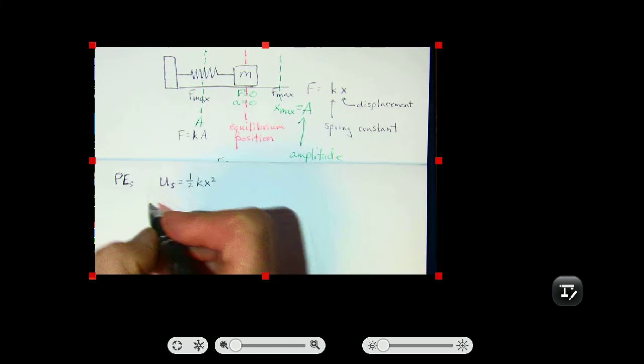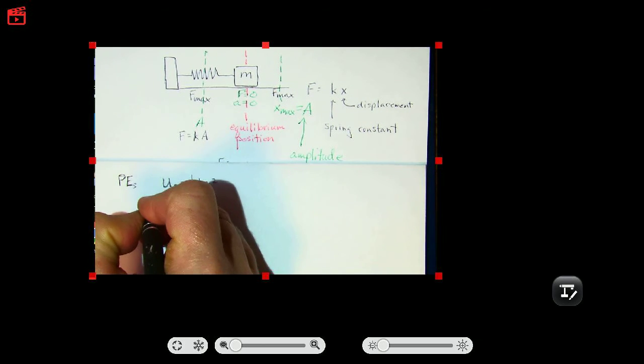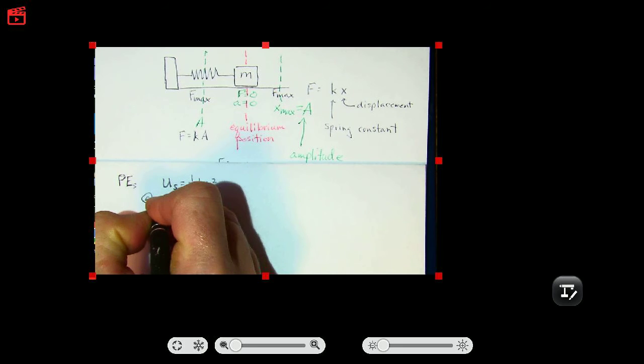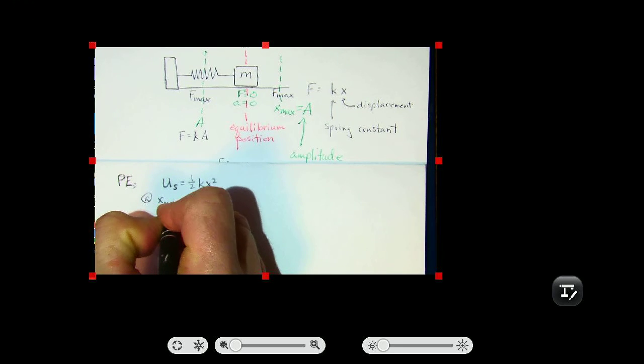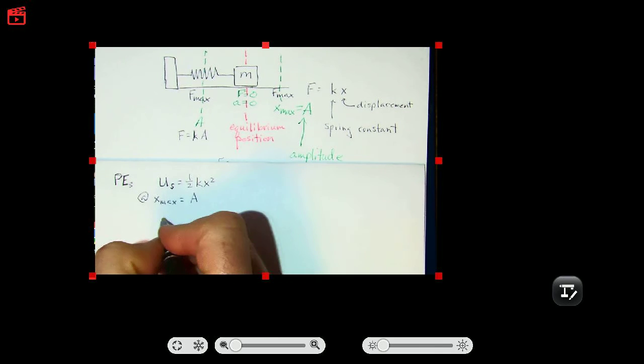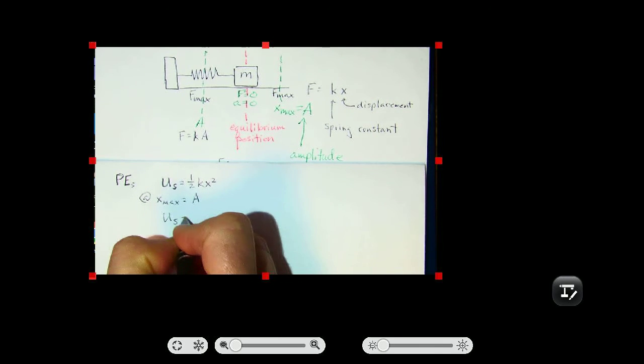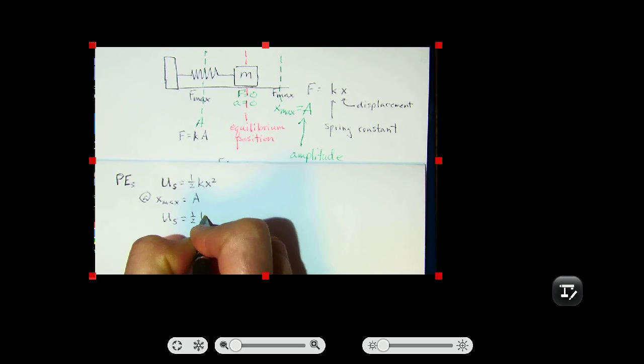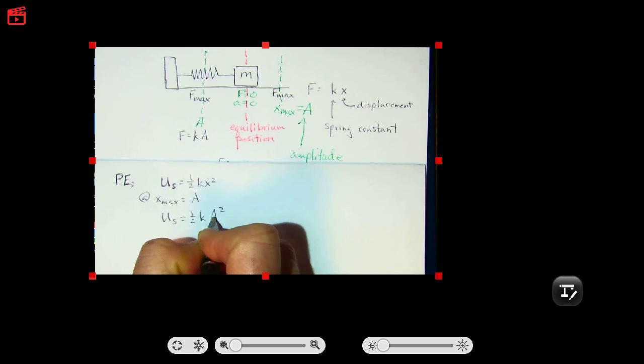Well, then at our maximum displacement, x equals A, our potential energy at that point is equal to 1/2 kA squared.